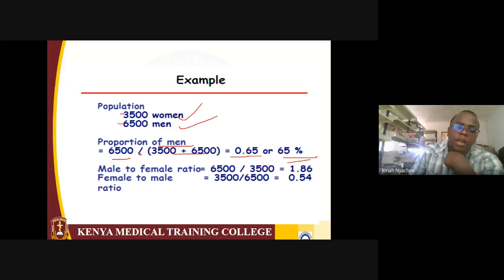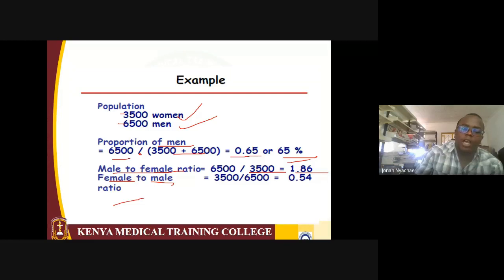If you're talking about the male to female ratio, we have 6,500 over 3,500, which gives us 1.86. So that is a ratio. And the female to male ratio is 3,500 over 6,500, which is 0.54. So that is the difference between addressing a proportion and addressing a ratio.